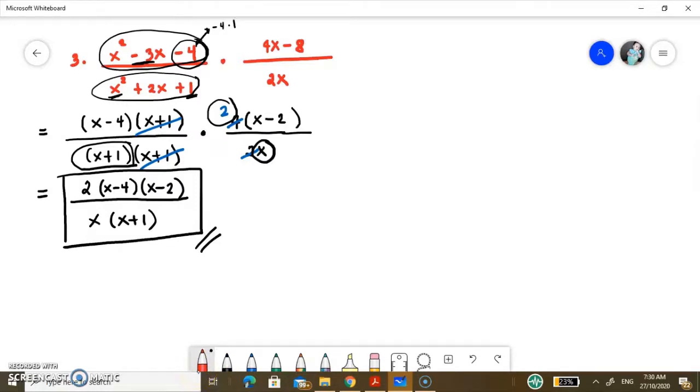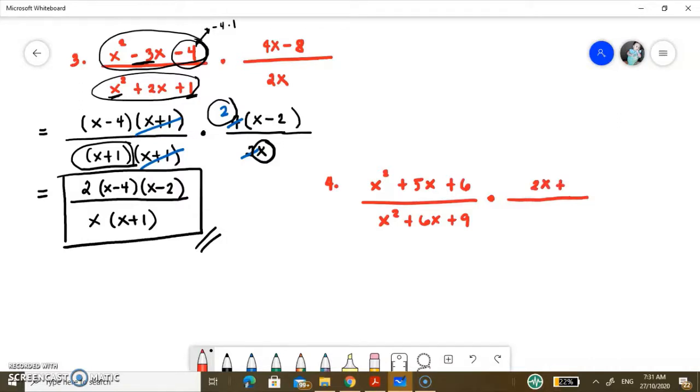Okay? Ito natin ilagay. Example number 4. If you are given x squared plus 5x plus 6 over, say, x squared plus 6x plus 9 times say 2x plus 6.